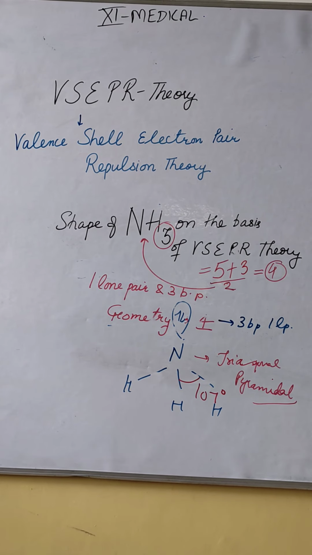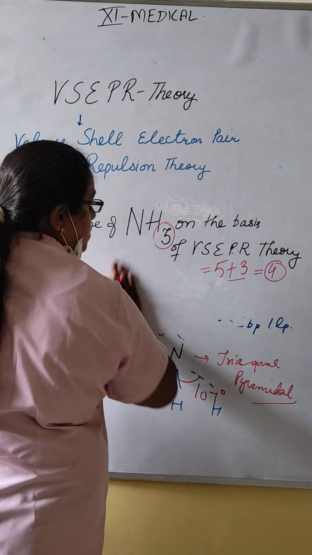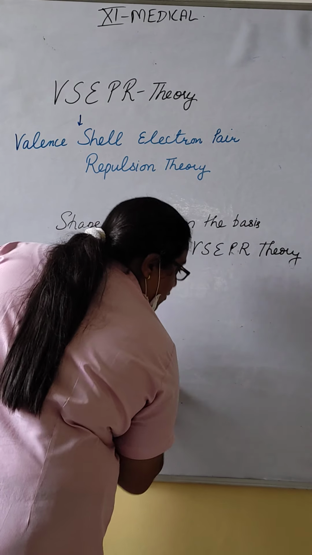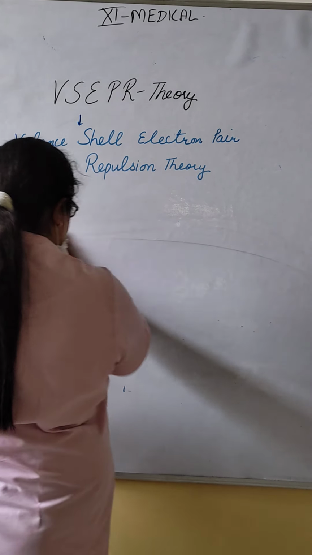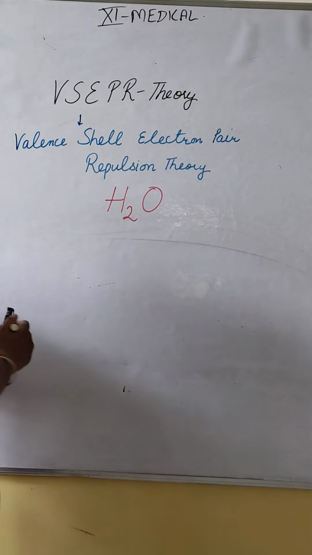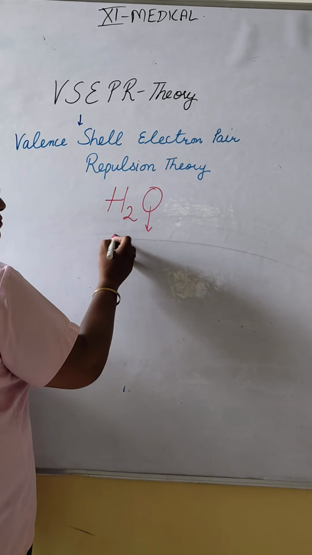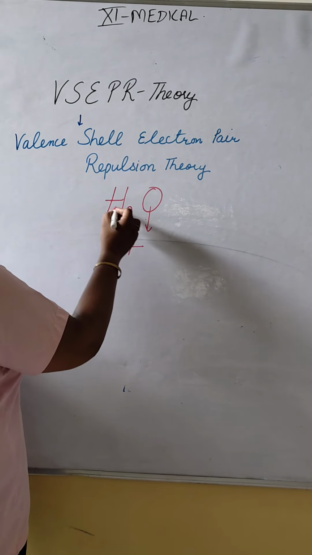Next, we will discuss the shape of water. What is the formula of water? What are the valence electrons of the central atom? How many monovalent atoms?